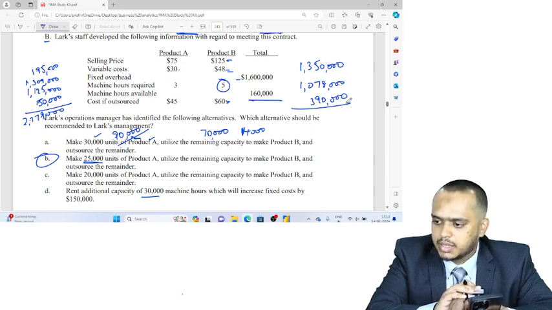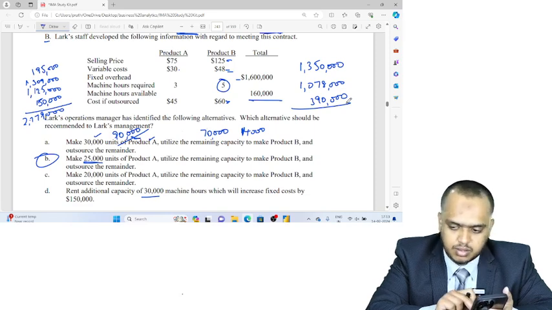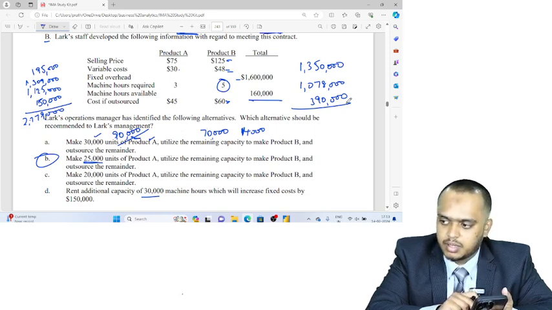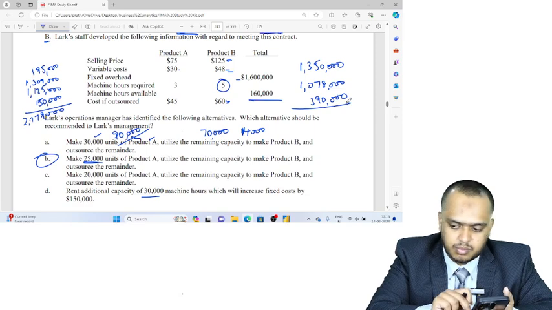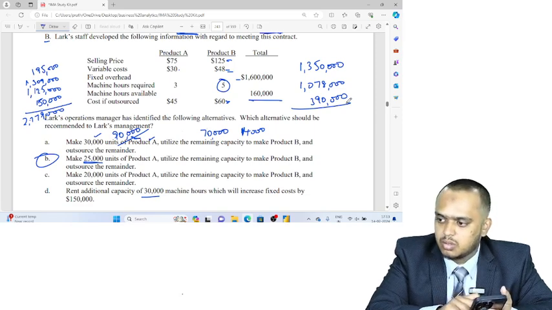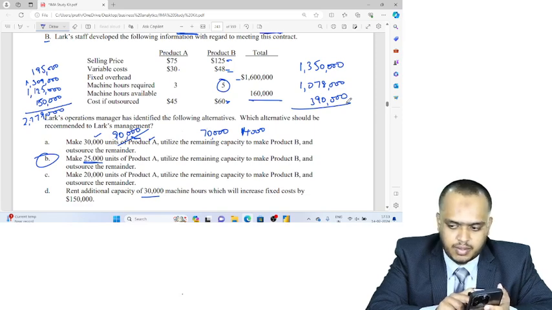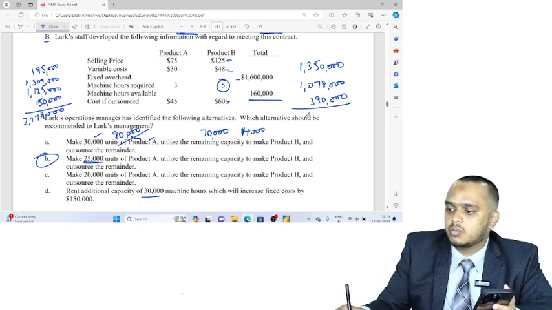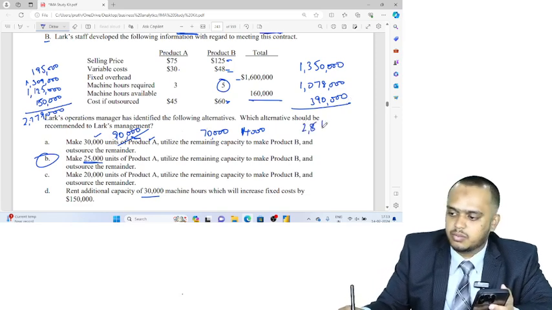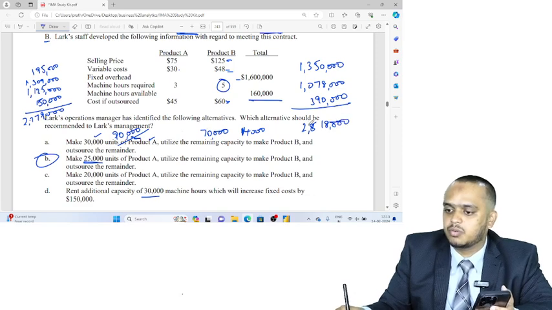Now let us just total this up and see how much it is. Is there anything else? 1,350,000 plus 1,078,000 plus 390,000 equals 2,818,000. Which one is higher?